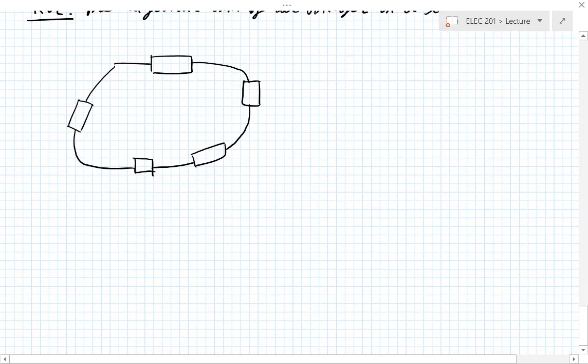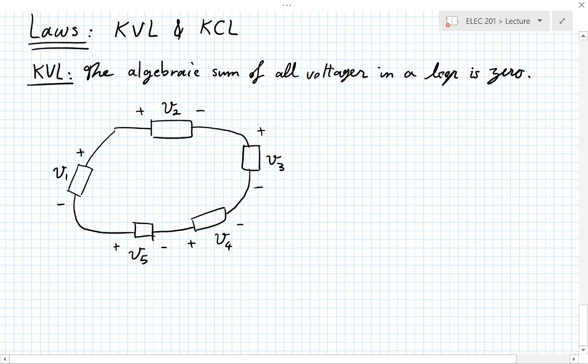If this is element 1, let's call this V1. Let's call this V2, V3, V4, V5, so that I can write my KVL equation.